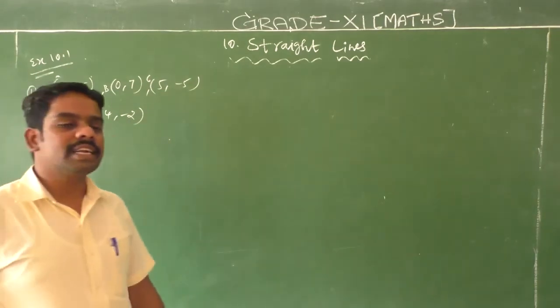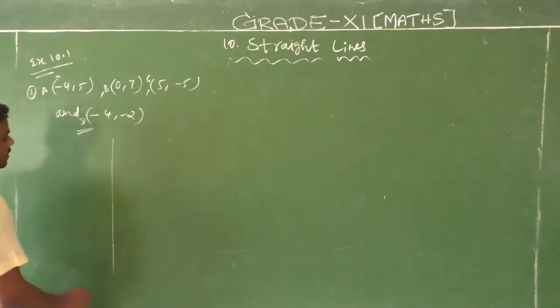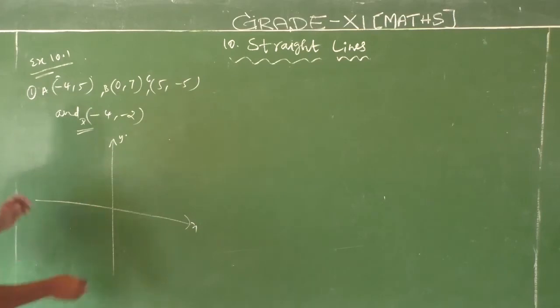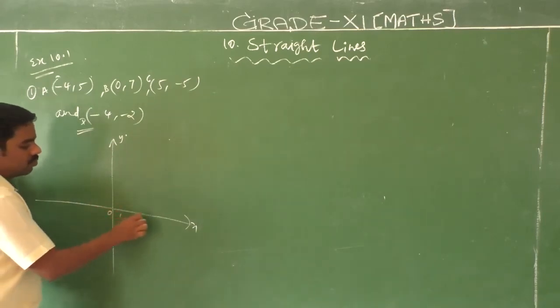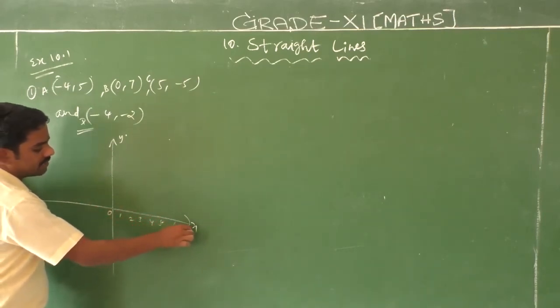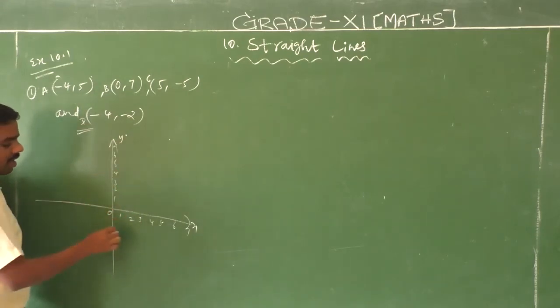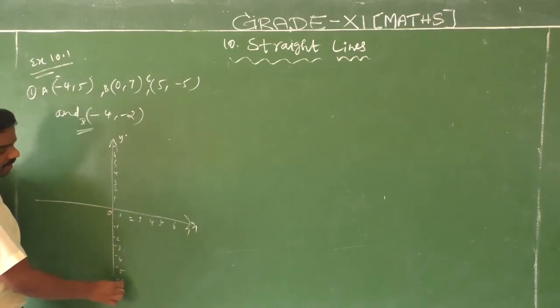Draw the quadrilateral. So x-axis, y-axis, this is the x-axis, this is the y-axis. This is the origin. 1, 2, 3, 4, 5, 6, 7, and minus 1, minus 2, minus 3, minus 4, minus 5, minus 6.